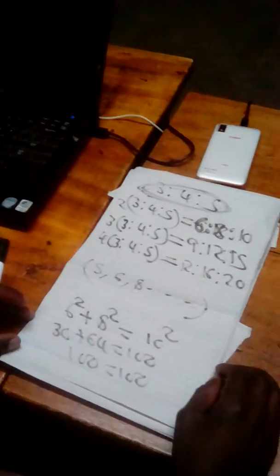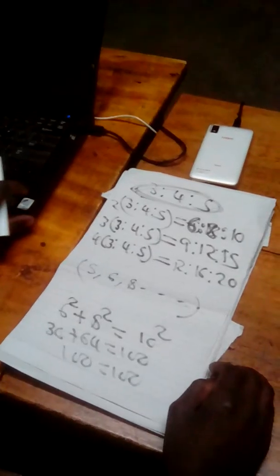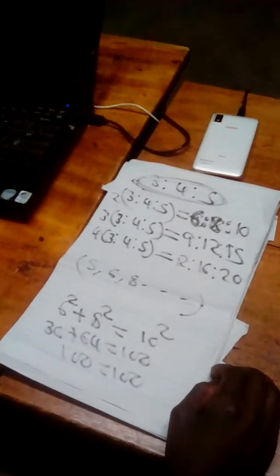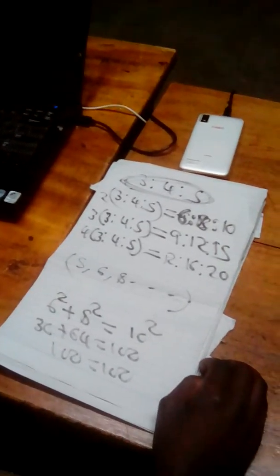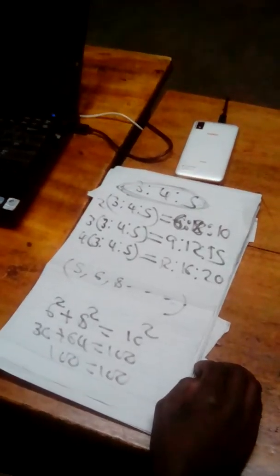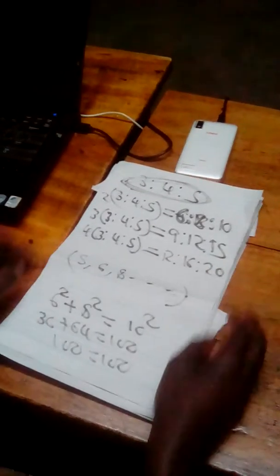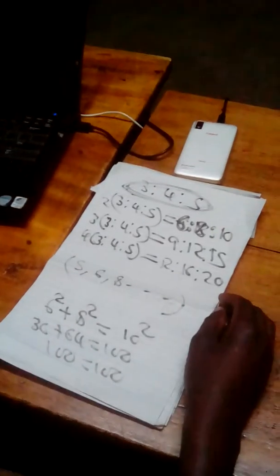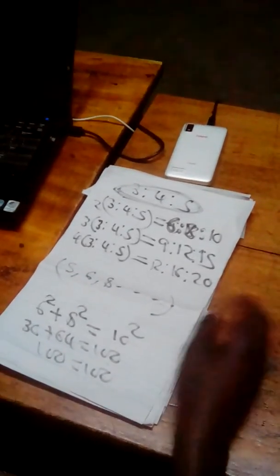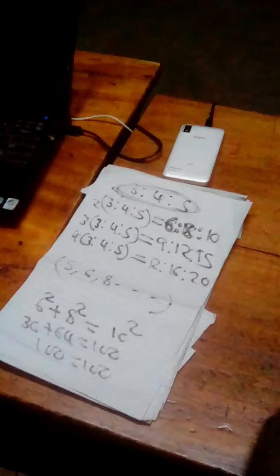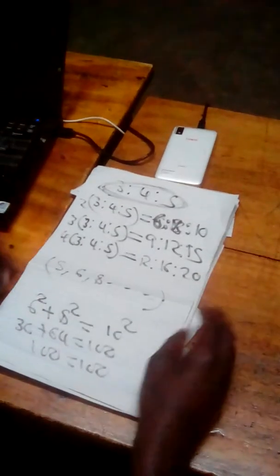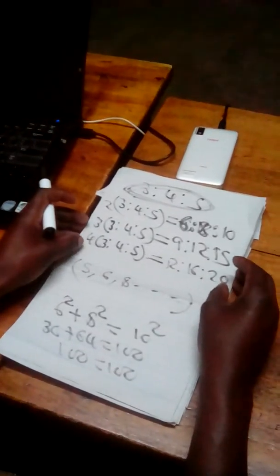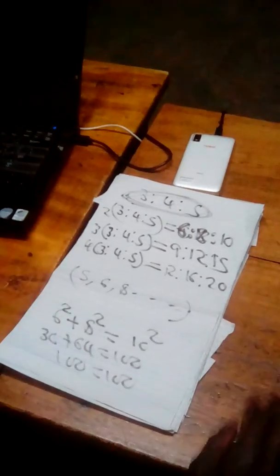So I hope this clip will help you to think how you can obtain right triangles without even using instruments such as the protractors or other instruments that are used for construction of right angles.